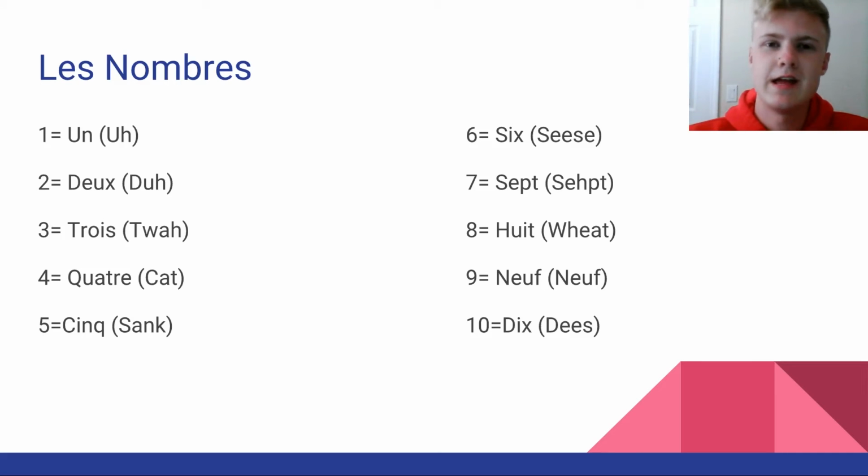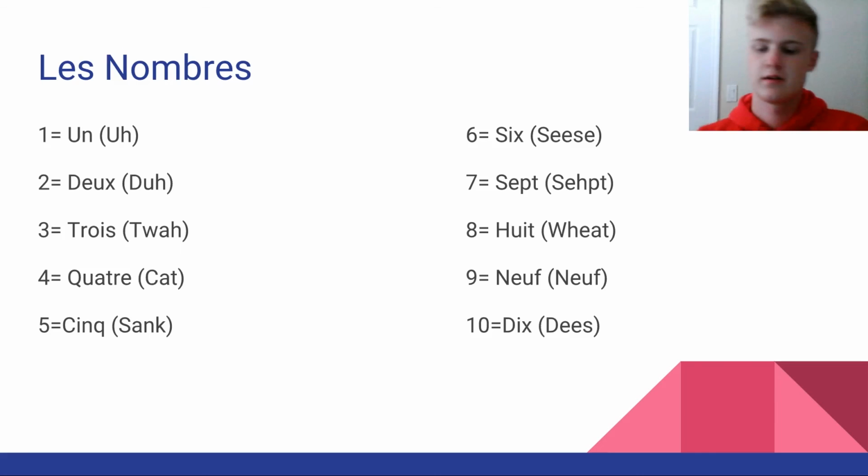Now it's kind of a false friend, as it's not pronounced in English, but it is spelled the same. Then we have sept, which is 7. We have huit, which is 8. We have neuf, which is 9. And then dix, which is 10.